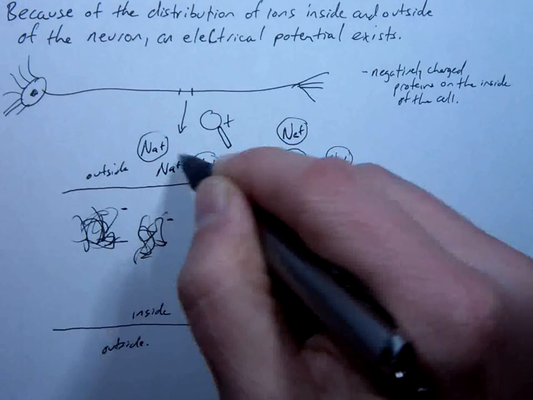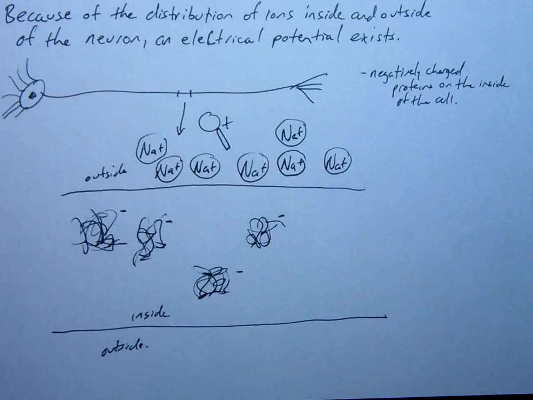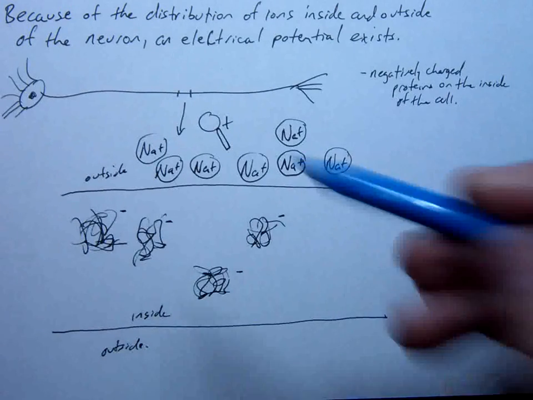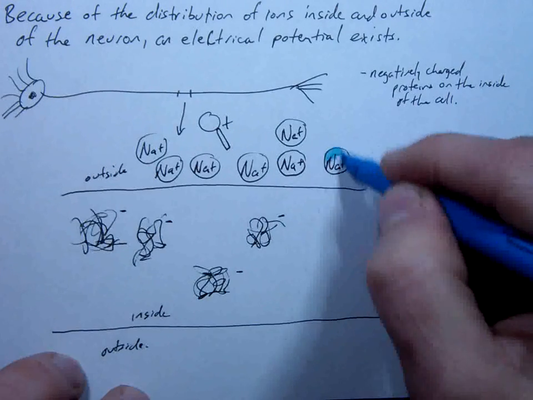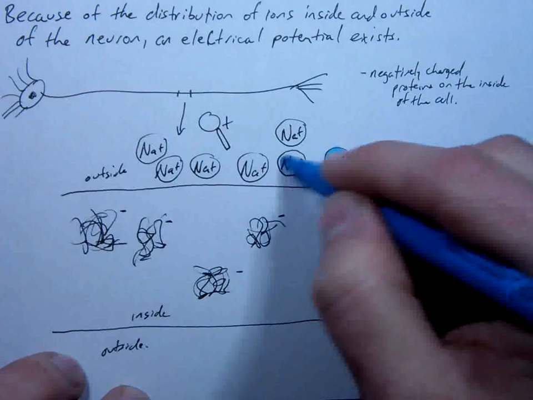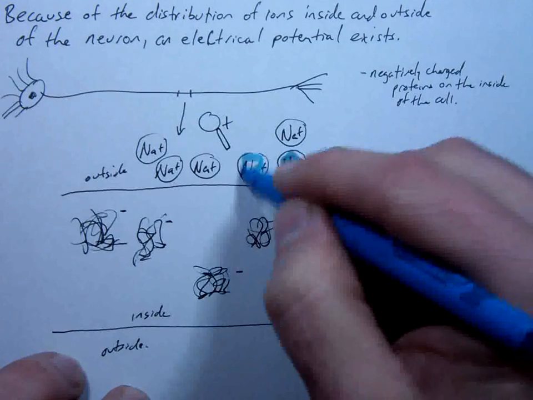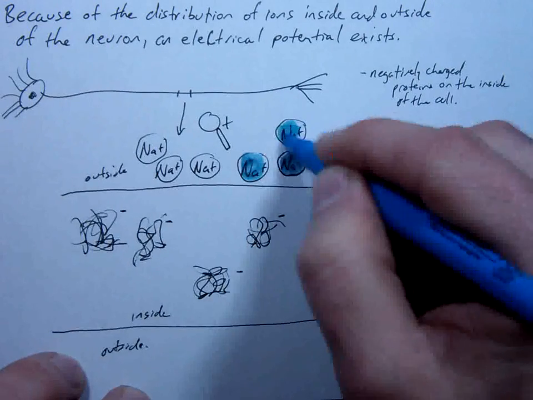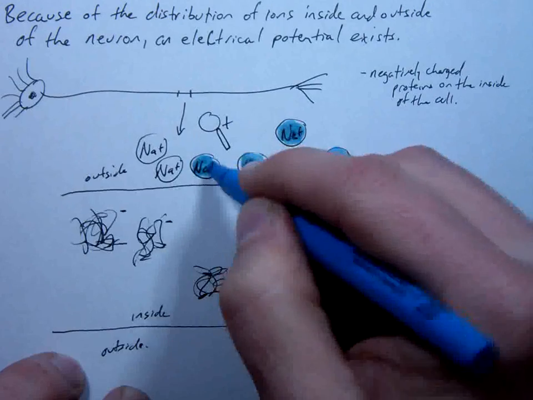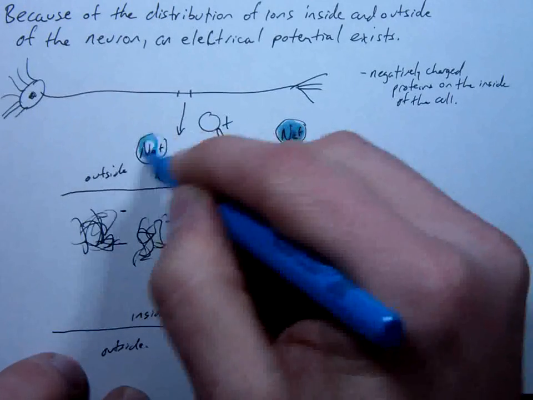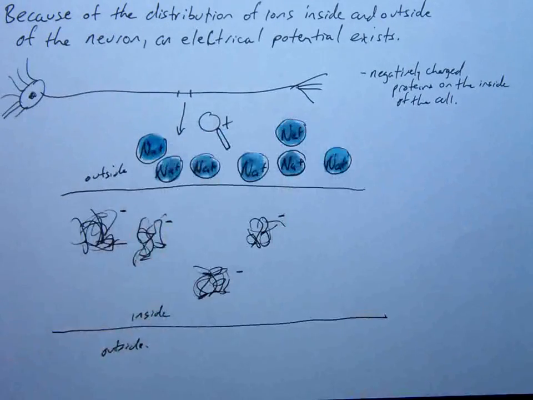Here's a bunch of sodium ions. Positively charged sodium ions. And I like blue for sodium. Now, is sodium actually blue? No. It's a metal that cuts like butter. In an ionic form, it just tastes salty. Okay? But that's neither here nor there.